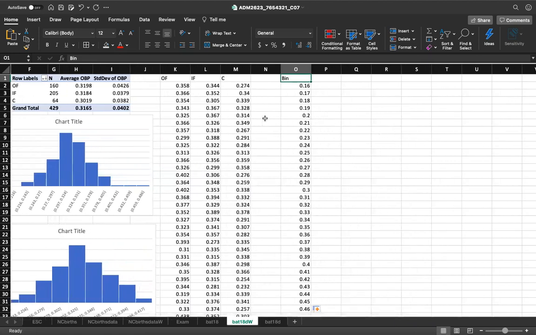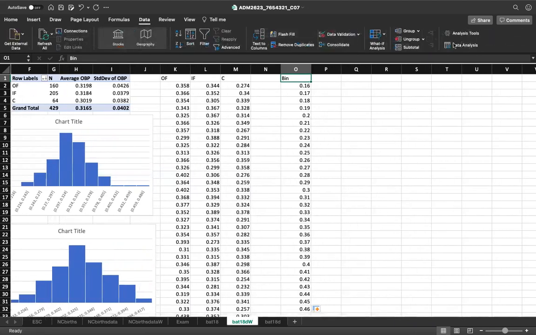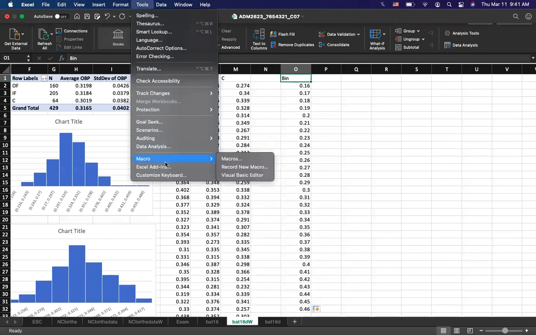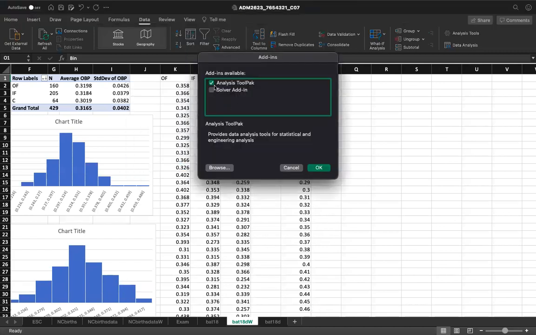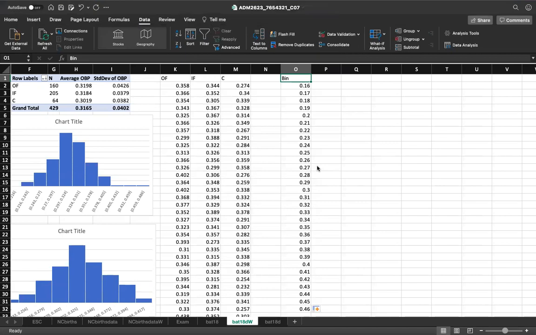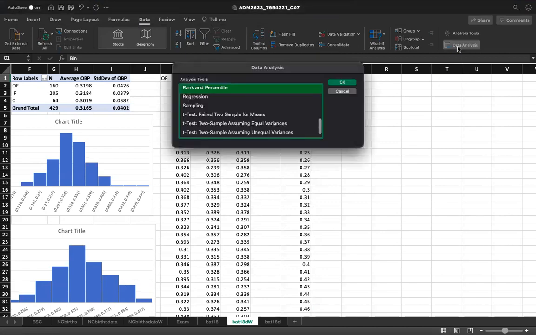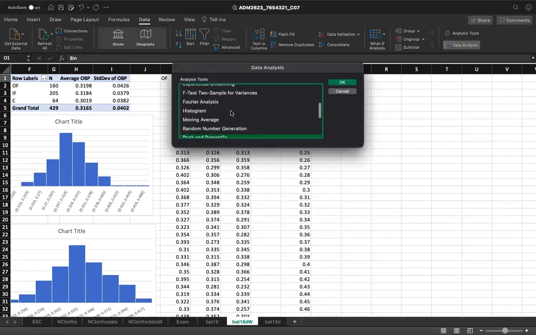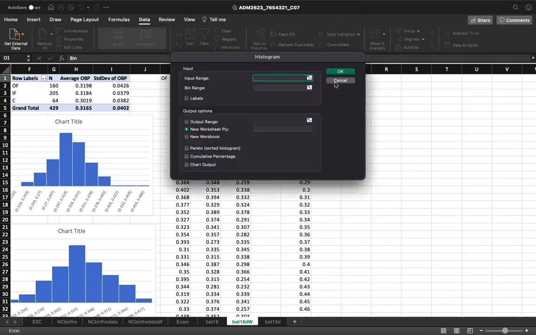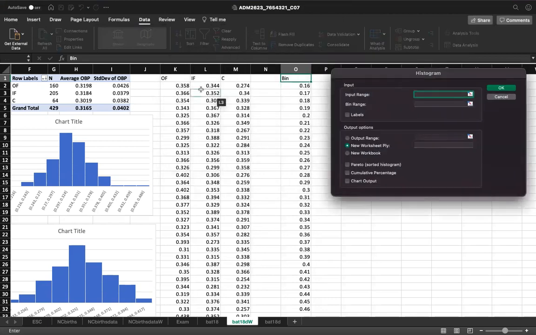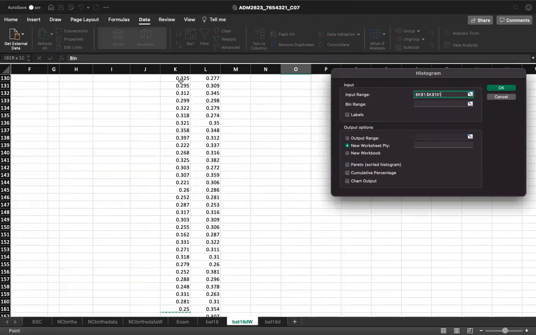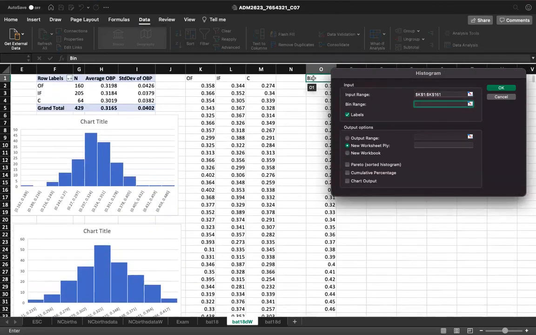So here is our bins. So we go to data. If you have the data analysis tool pack, great. If you don't have it, you can go to tools, Excel add-ins, and select the analysis tool pack. So we click on this, and we want to have the histogram done. So we take the data input range, and we have got labels. Let's look at where is the bin. Here is the bin.